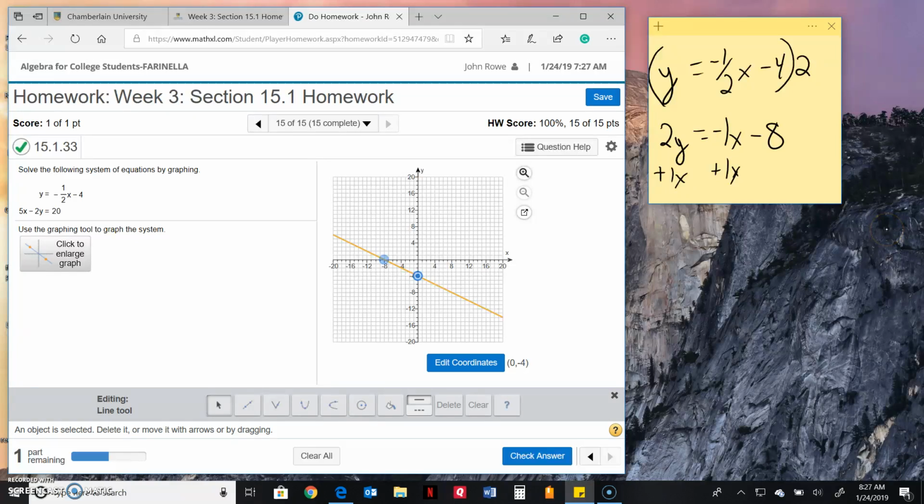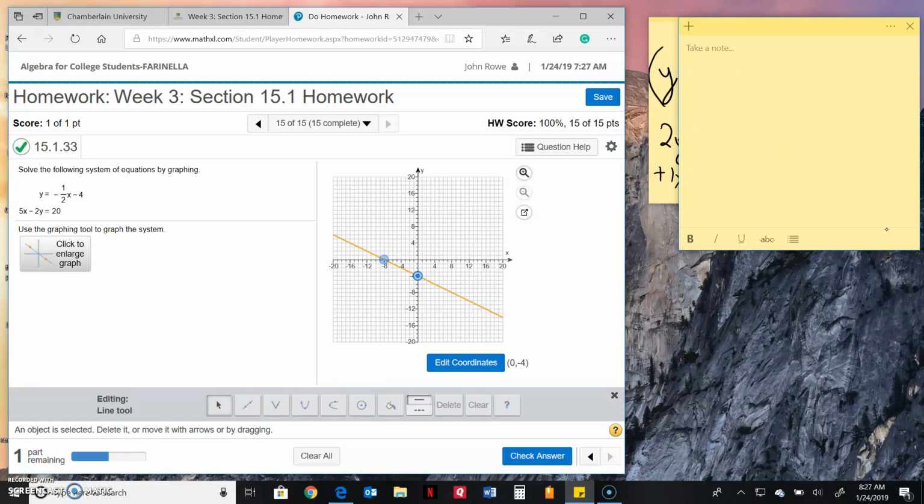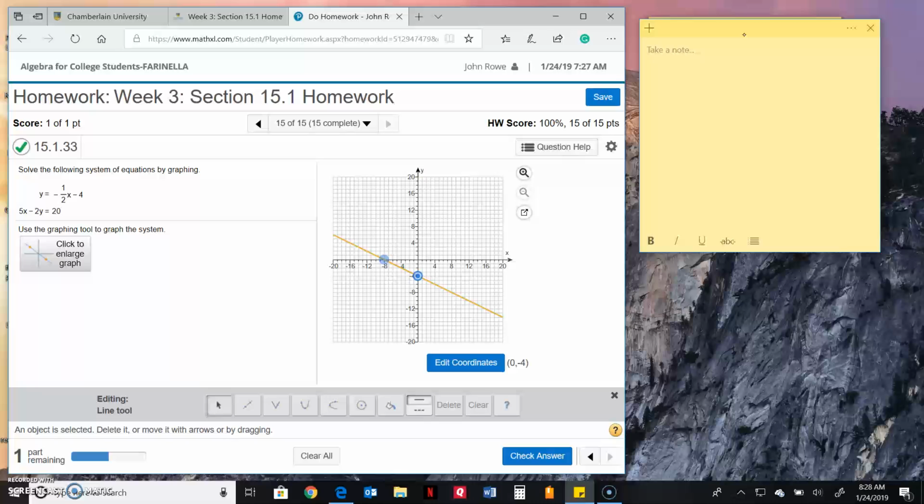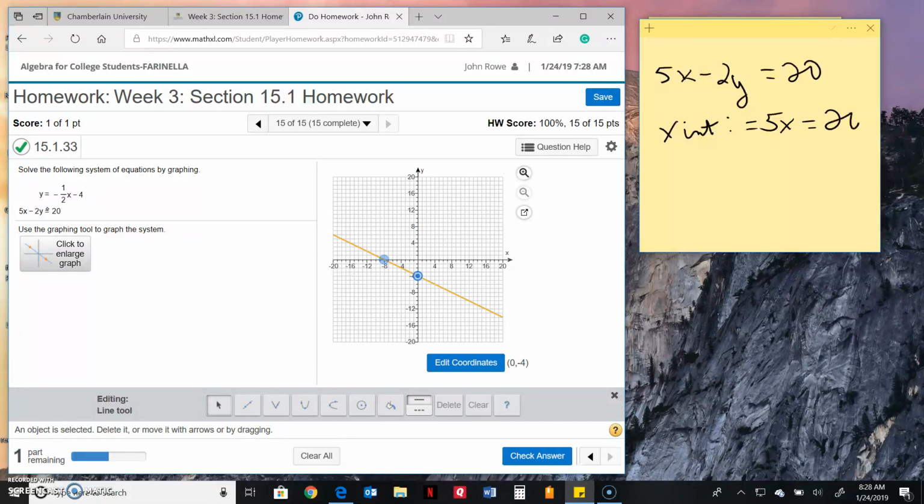Let's get rid of that note and make a new note because we are going to solve this next equation here. 5x minus 2y equals 20. The x-intercept is going to be, if we make the y 0, get rid of that, we'll have 5x equals 20.